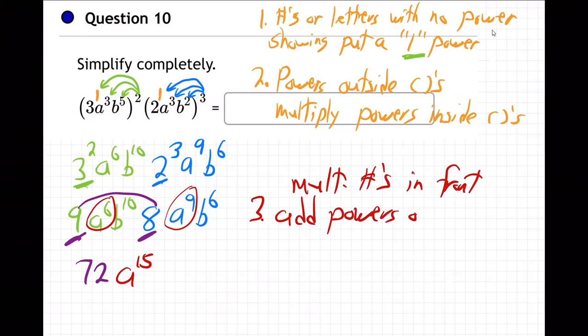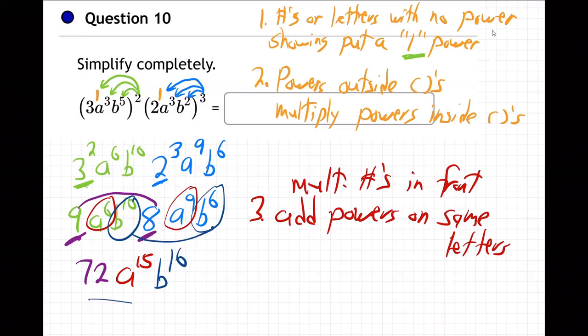Add powers on same letters. So A to the 15th. And then for the B's, we're going to go B to the 10th, B to the 6th. That's going to be B to the 16th. And there we go. 72, A to the 15, B to the 16.